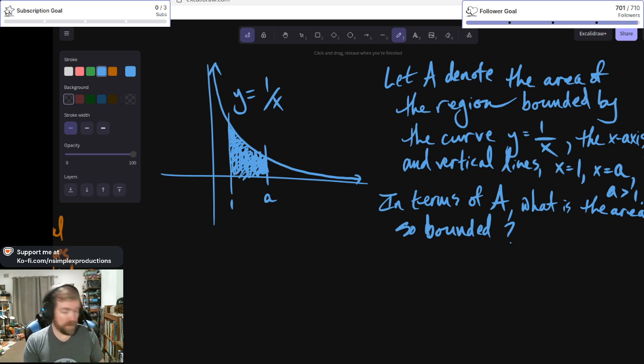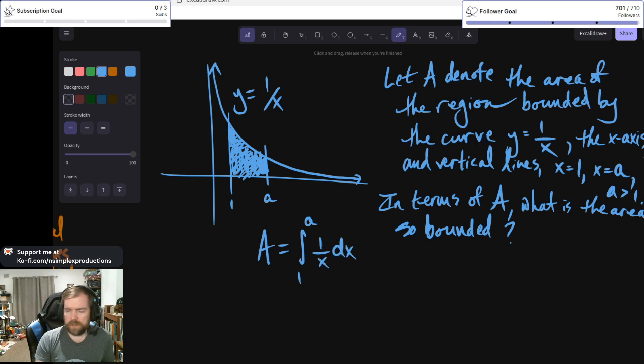Okay, so this is going to be capital A, area, is equal to the integral going from 1 to a of 1 over x dx. If we need to draw it out in order to make sure that we understand, we have here a particular sample rectangle that we're trying to find the area of.